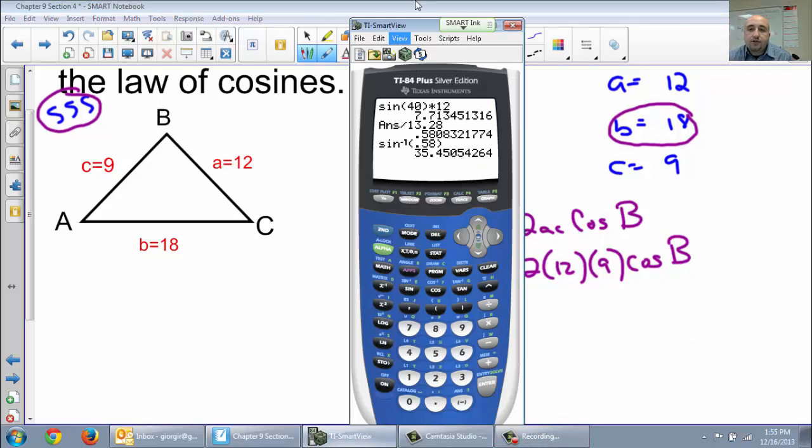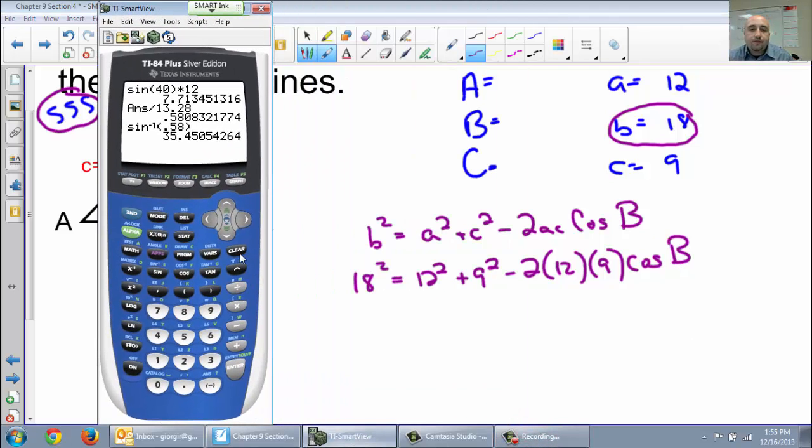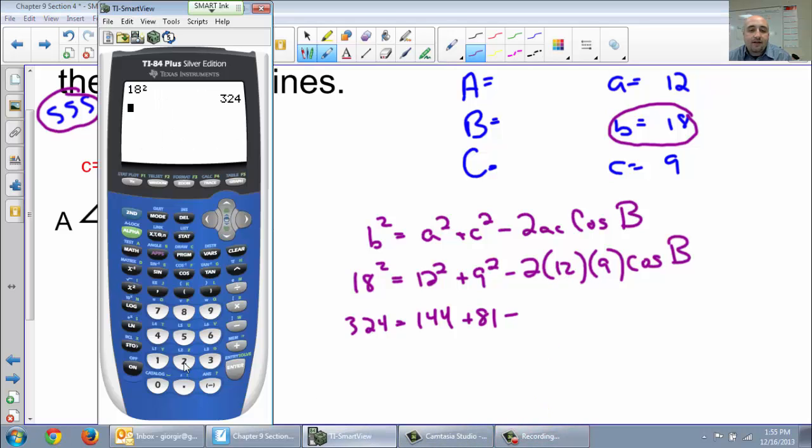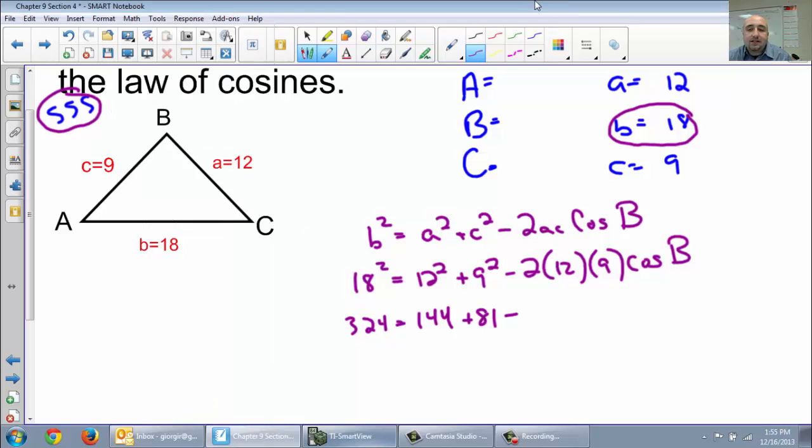All right, so we're going to use our calculator to help us here. 18 squared equals 324. So 324 equals 144 plus 81 minus 2 times 12 times 9. 2 times 12 is 24. 24 times 9 is 216.